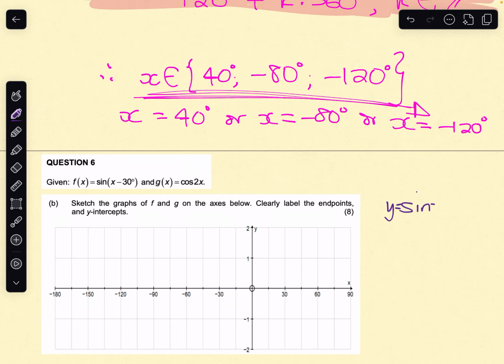That's going to be my starting point. I know that its x-intercepts are at 0, 180, minus 180, and so on, and it would peak at negative 90 and 1, and it would hit a low at 90.